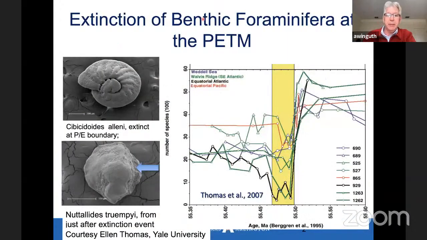So the PETM is of great interest because it's one of the hyperthermal events at the late Paleocene, early Eocene. And it is known as a global warming event of 4 to 6 degrees, with high latitude warming even warmer than 15 degrees.